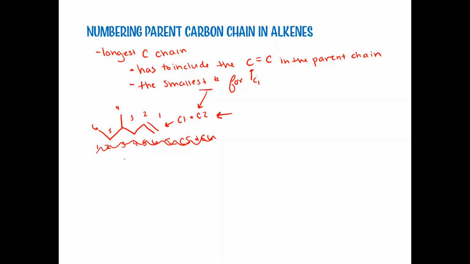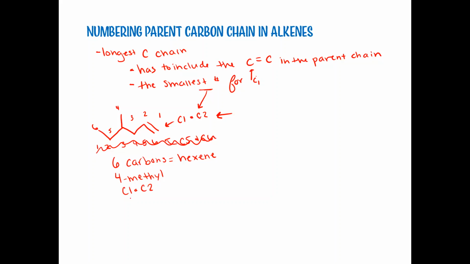To name this, we have 6 carbons, which is hexene. We have a methyl on carbon 4, and our double bond is on C1 and C2.